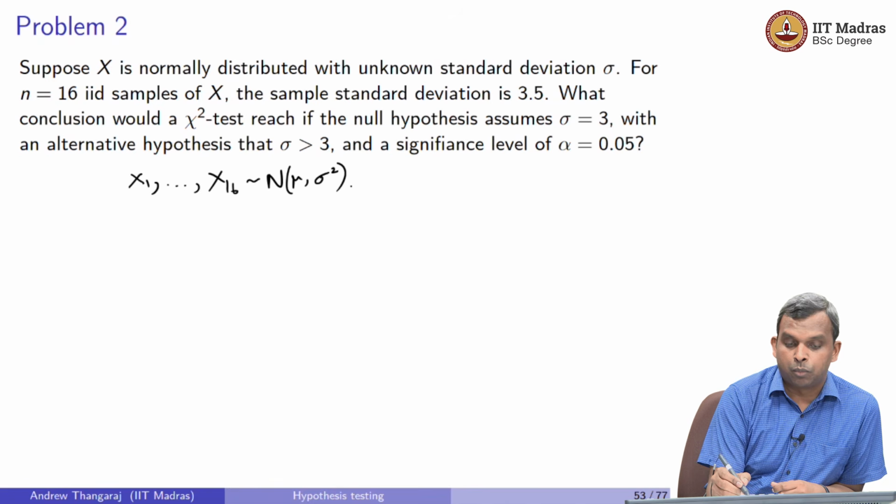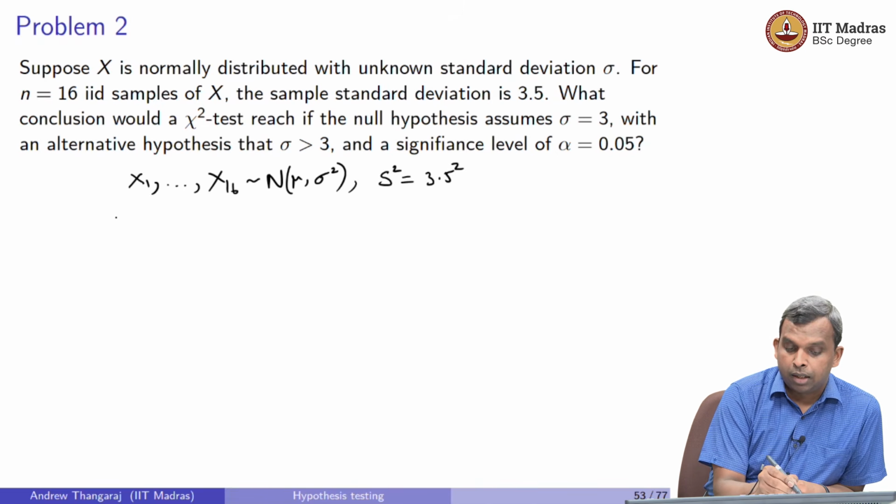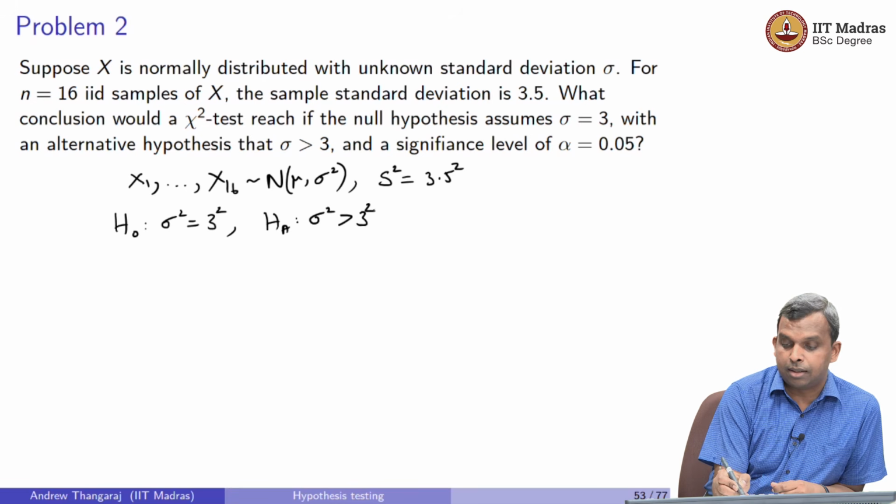The sample variance S squared is given as 3.5 squared. The H0 is that sigma squared equals 3 squared, and HA is sigma squared is greater than 3 squared.